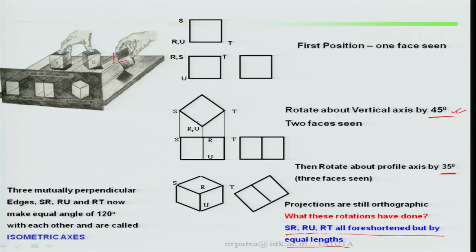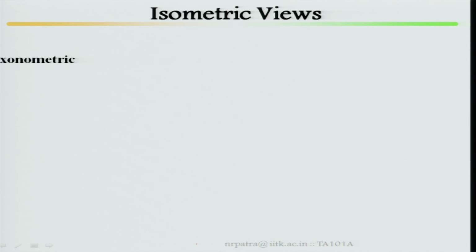This is the primary definition: they make an angle of 120 degree. These are called isometric axes.